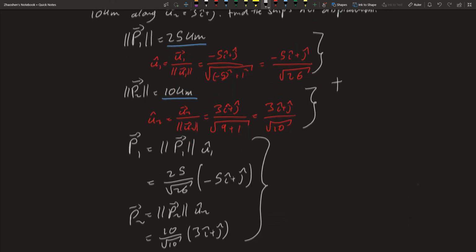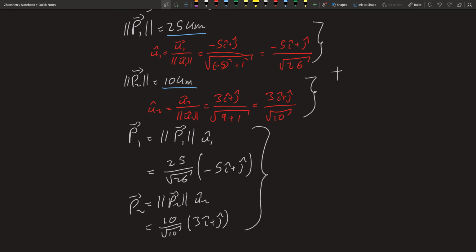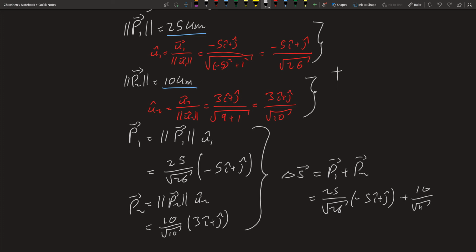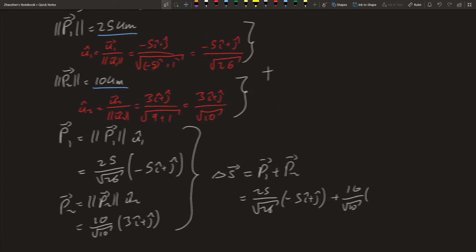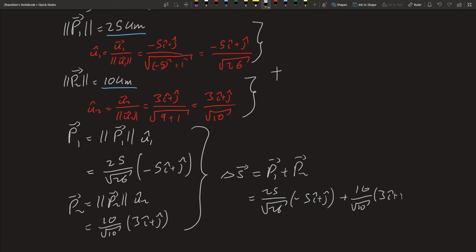So this means we need to add those two vectors together to get a net displacement. Net means total. So our net displacement, which I'll denote by delta S, the notation of delta will be explained next chapter, so don't worry about it, is equal to p1 plus p2, which is 25 over radical 26 times negative 5i plus j plus 10 over radical 10 times 3i plus j.